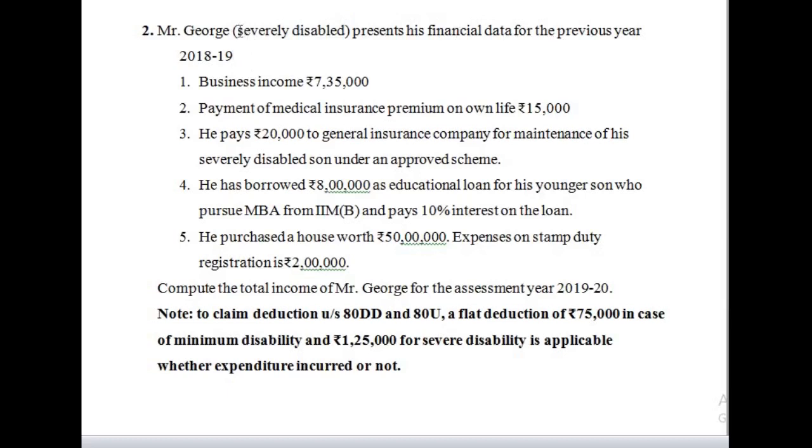Firstly, if the assessee himself is severely disabled, that will be allowed as deduction under section 80U.